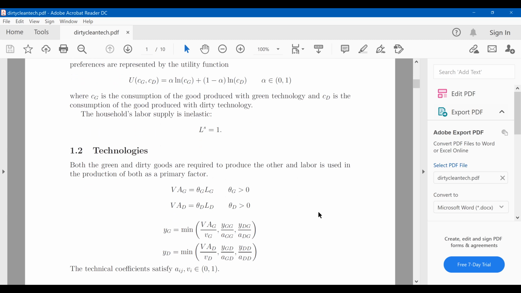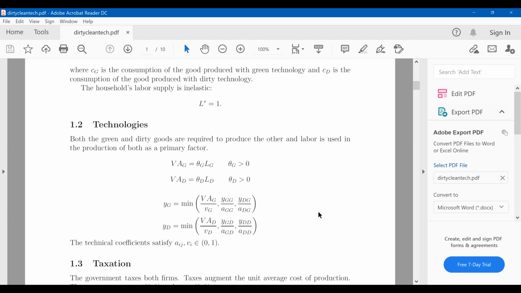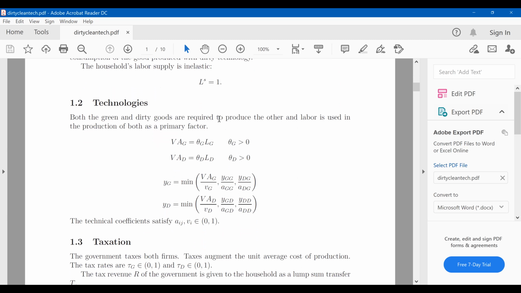Now let's look at technologies, and in technologies we're going to assume that there are intermediate input relationships as well. Okay, so we write the technology exactly as in your textbook. So this is simply the model in chapter 3 in that regard, but we have only one factor. Okay, so value added for the green technology depends on this production function. So here I have theta g. This theta g is a productivity parameter, right?